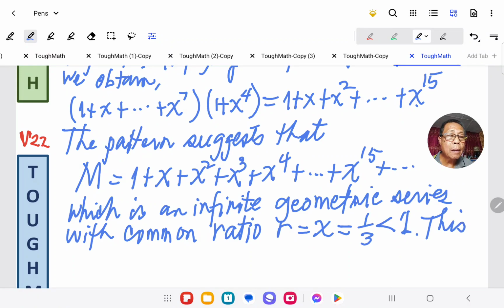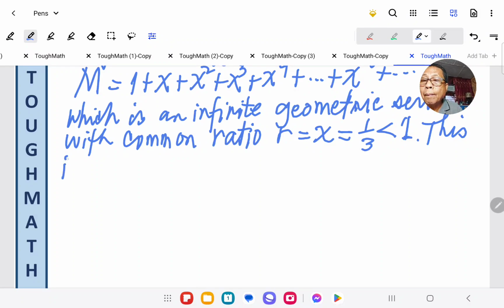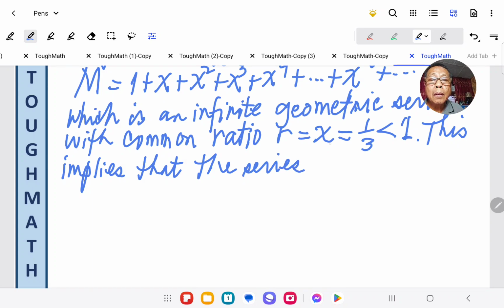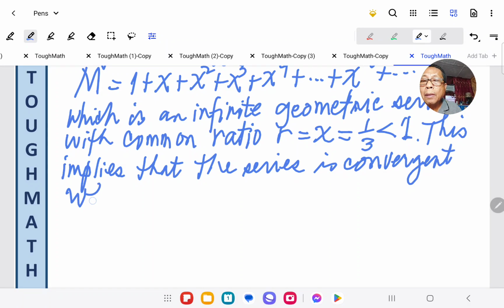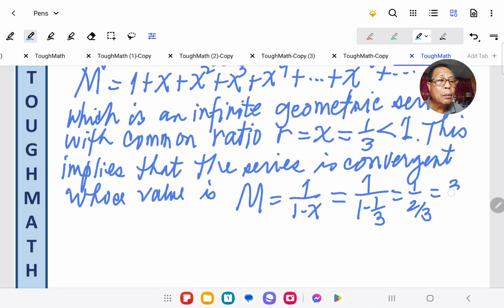This implies that the series is convergent, whose value is m equals 1 over (1 minus x), which is equal to 1 over (1 minus 1/3), which is equal to 1 over 2/3, which is equal to 3/2. So this is the value of m. Okay.